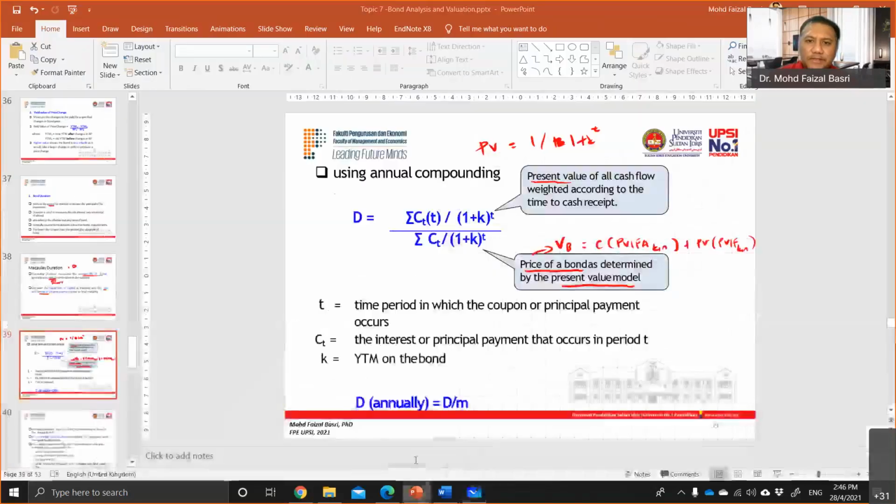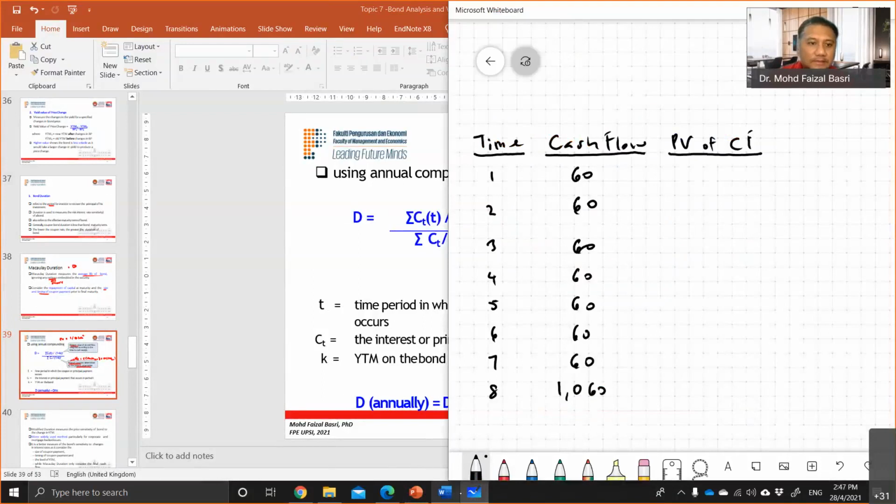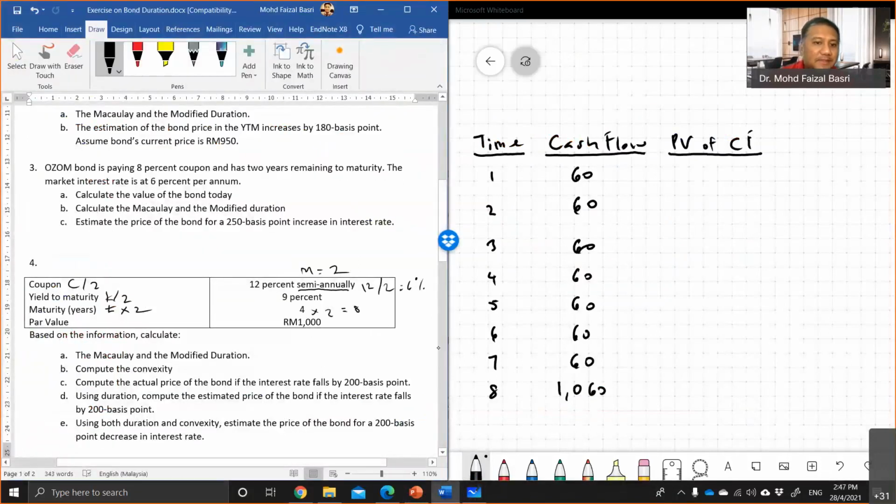To find the present value of the cash flow, we need to divide by 1 plus k to the power of t. The k in this case is the yield to maturity, YTM. If you go back, the yield to maturity is 9%. Again, the k we need to divide by 2 as well, so it's going to be 4.5%.